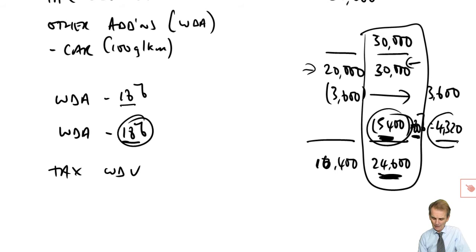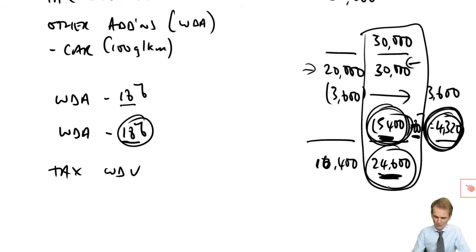We've only been able to claim 4,320, but the tax written down value has gone down by the full £5,400. So don't make the mistake of simply calculating 18% of 30,000 times 80% equals 4,320 and then deducting that in your column to carry forward your tax written down value.